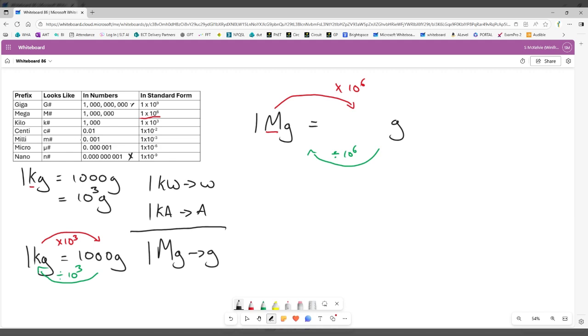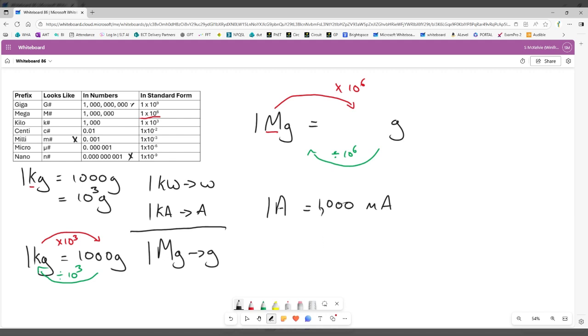Especially in electricity, we can be asked to use the unit milli. Now a milli is 1,000th of a unit. So if I get given 1 amp, that is equal to how many milliamps? Well, 1 amp is 1,000 milliamps.